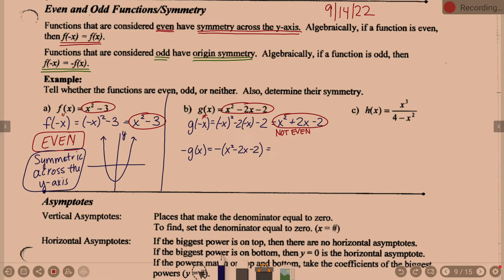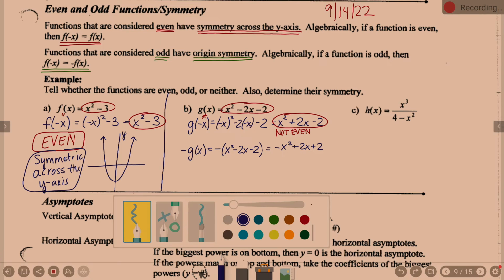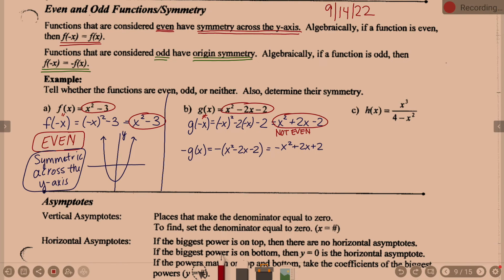If I change this, it now becomes negative x squared plus 2x plus 2. What does that match? Does it match x squared plus 2x minus 2?